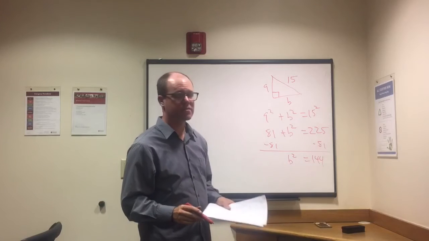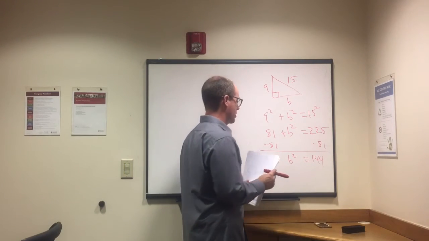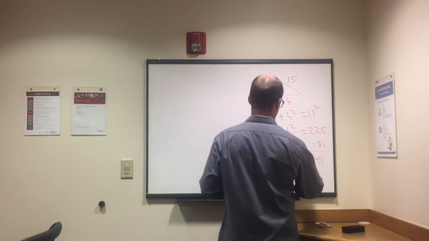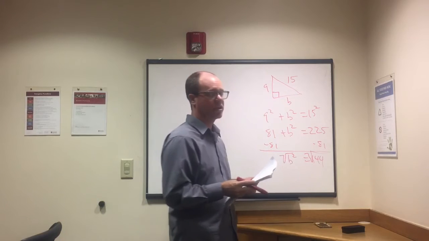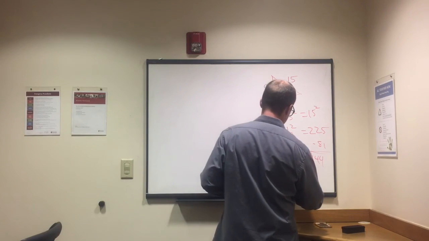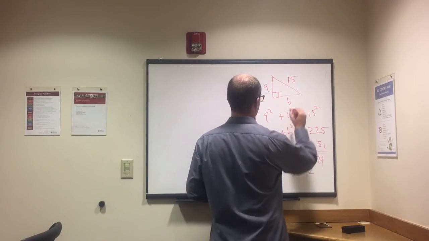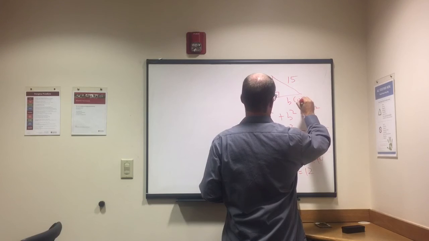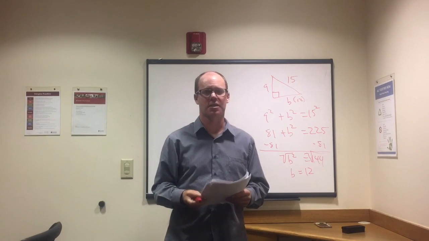So 225 minus 81 is 144. Okay, and then all that's left is square root. We just gave this away a minute ago. 12 times 12 is 144. So the square root of 144 is 12. Okay, all right, and so as we look up here, a is 9, b is 12, c is 15.